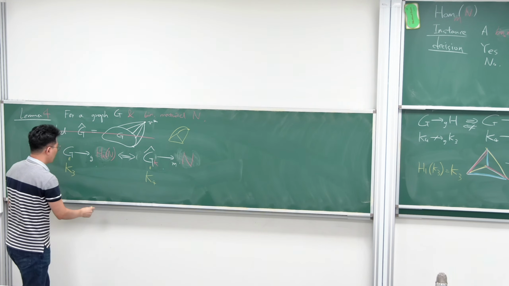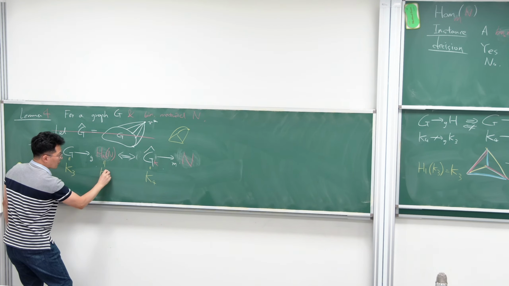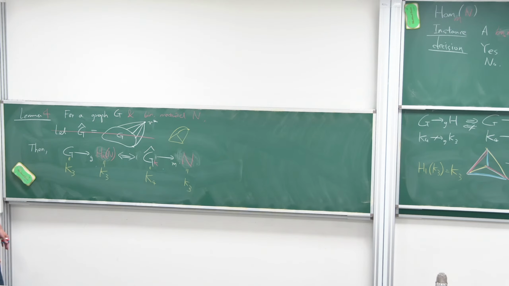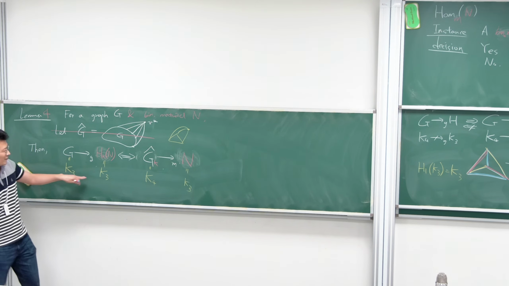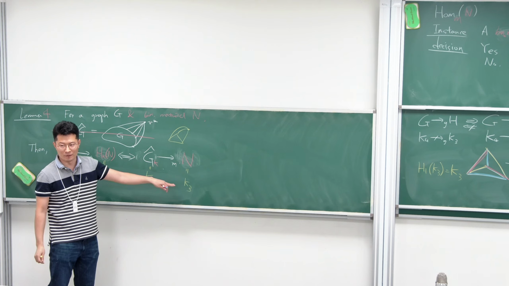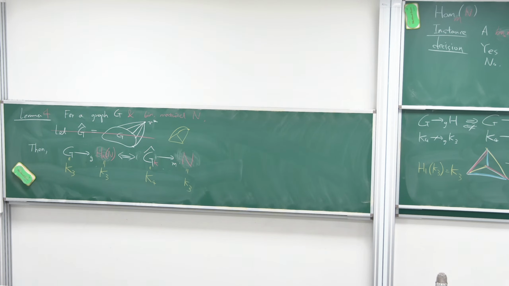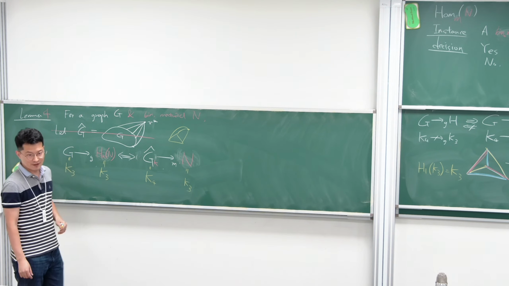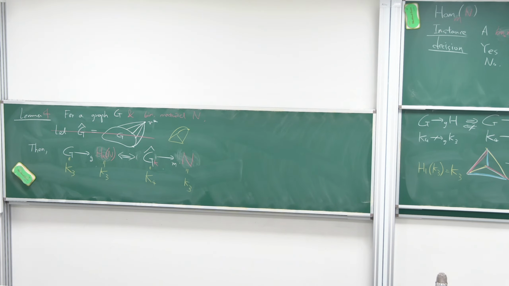So it's K4, and this is still K3, and this is K3. But we know there's a graph homomorphism trivially, so there's a matroid homomorphism. And actually, that's the unique counterexample.